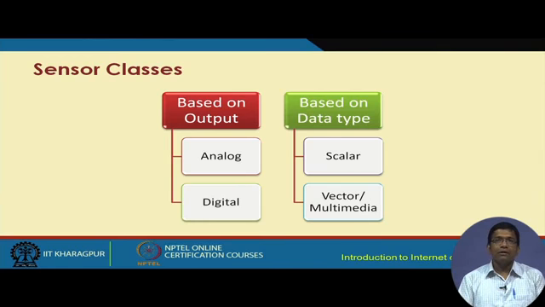On the contrary, we have the vector sensor, for example, the camera sensor or the accelerometer sensor, whose values are dependent on the orientation, the direction in which the sensor is being put and the way it is measuring. So, we have analog sensors, digital sensors, scalar sensors, and vector sensors.